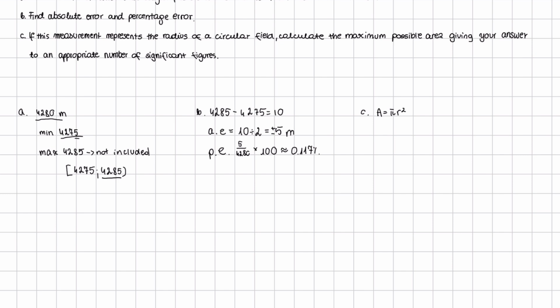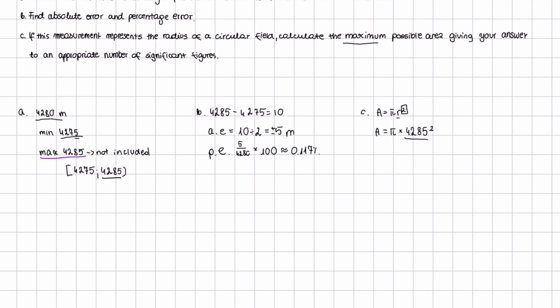We have to calculate the maximum possible area, so we basically take the maximum radius, and it will be pi times 4,285 squared, because we have squared here.